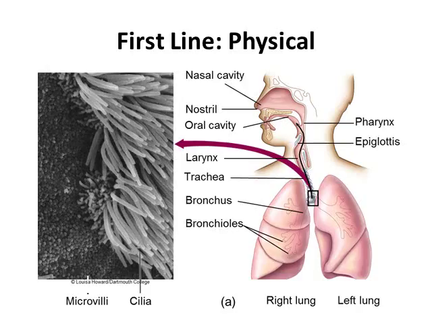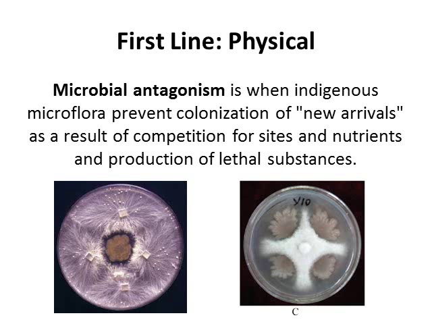And in our mucous membrane, if something gets breathed into our mouth or nasal cavity, we have more types of physical defense. So we have microvilli, which help trap bacteria and prevent them from getting deeper into the tissues. In addition, on our skin, we have microbial antagonism that I've talked about in the previous chapters in this unit. This is when your endogenous microflora, your normal microflora, prevent colonization by new arrivals or potential pathogens.